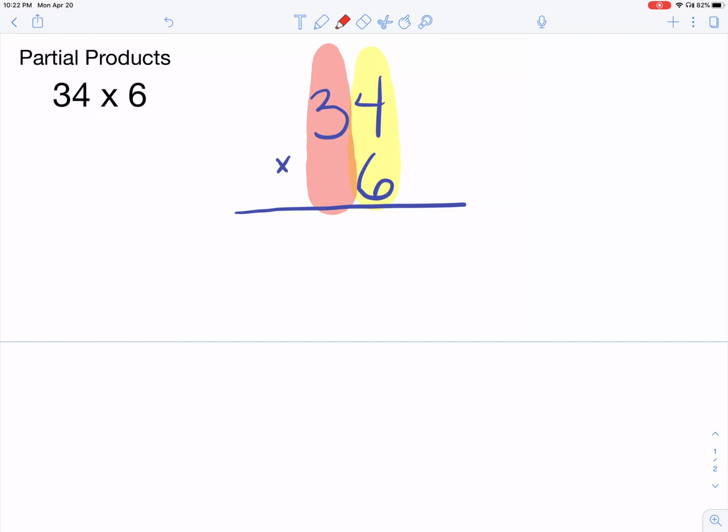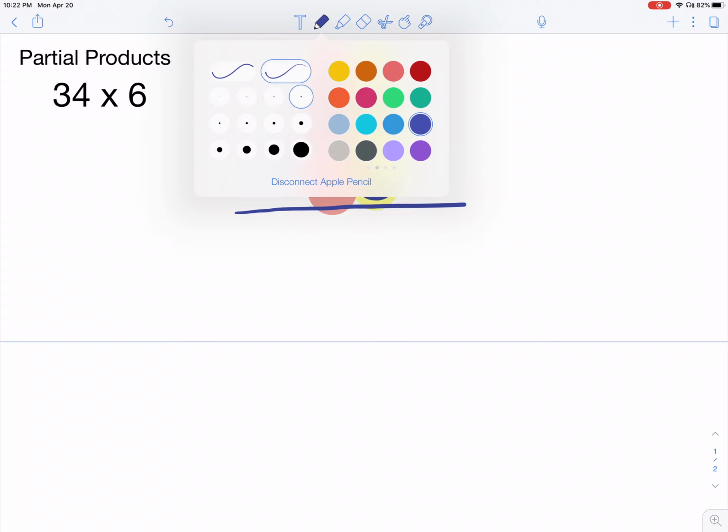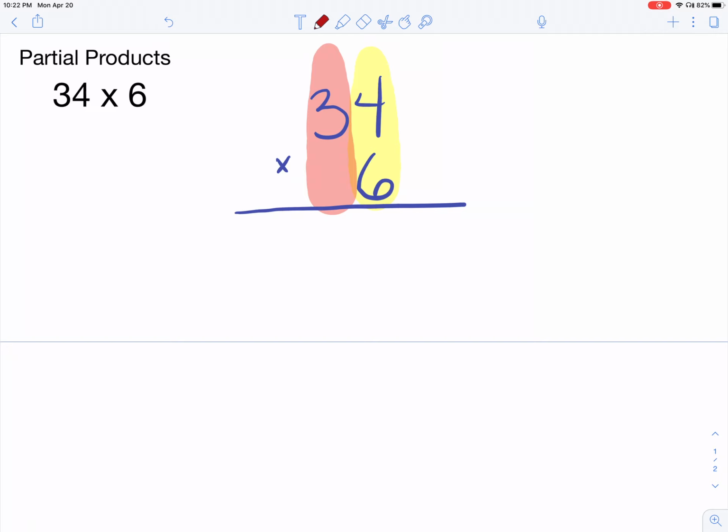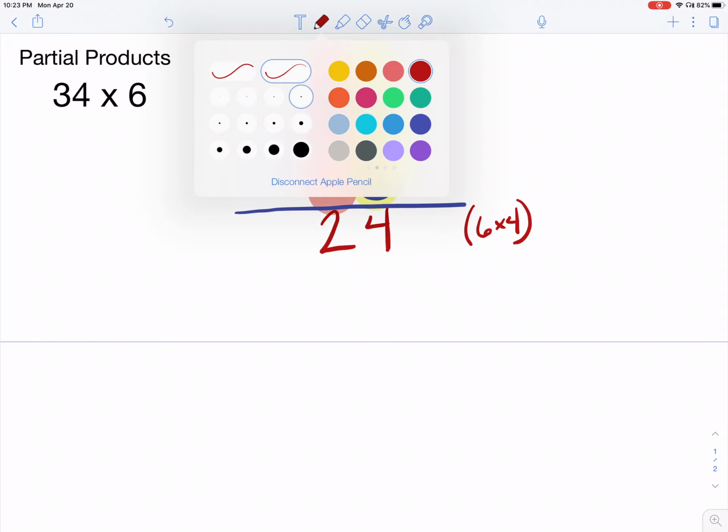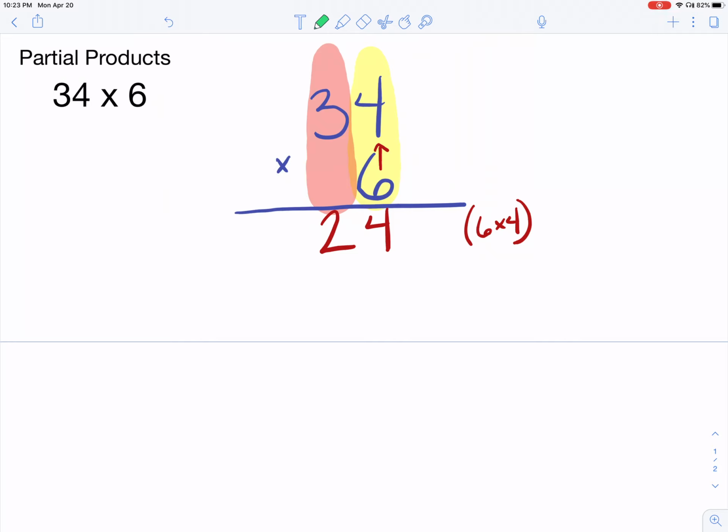So what we're going to do is multiply 6 times 4, and we're going to put it on that first line. So just to remind myself what I did, I'm going to put it in parentheses over here. 6 times 4 is 24. Now I'm going to do the same thing, but now I'm going to do 6 times 30. And to remind myself, I'm going to put 6 times 30 here.